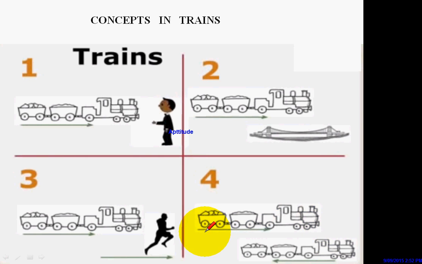One train goes from station A to station B, whereas the other train goes from station B to station A. These two trains are moving in opposite directions, and we are supposed to calculate the relative speed of these two trains. So these are the four different types of problems they might ask in the concept of trains.